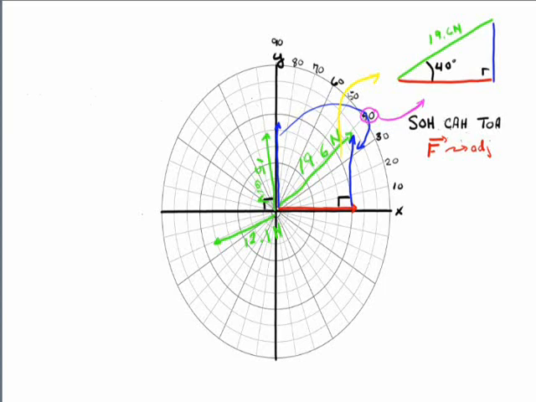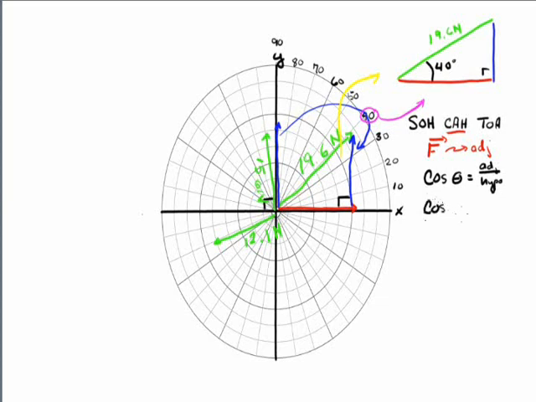I hope you identified that we can use cosine in order to calculate force in the x-axis. So I'm going to write my formula: cosine of theta equals the adjacent side divided by the hypotenuse. Now I'm going to replace numbers for letters, or in this case symbols.